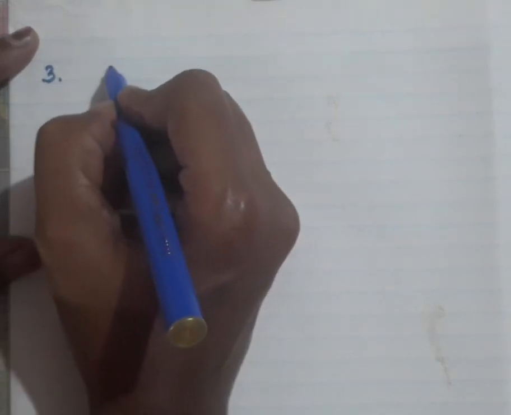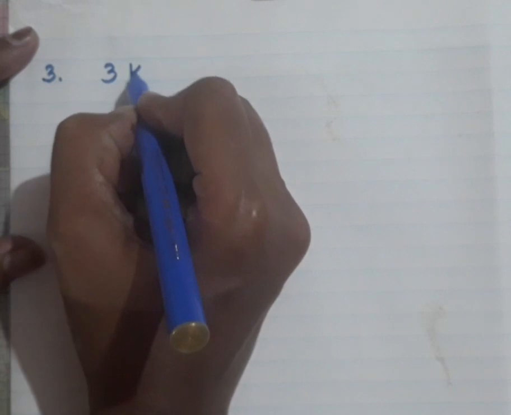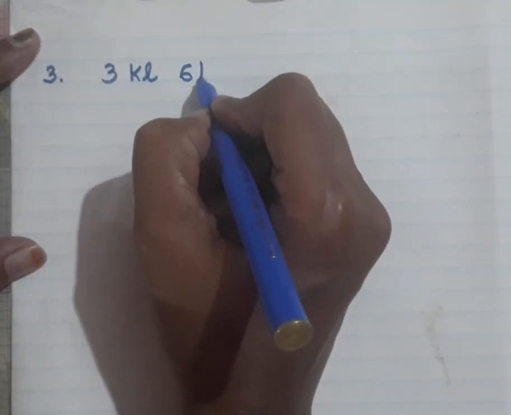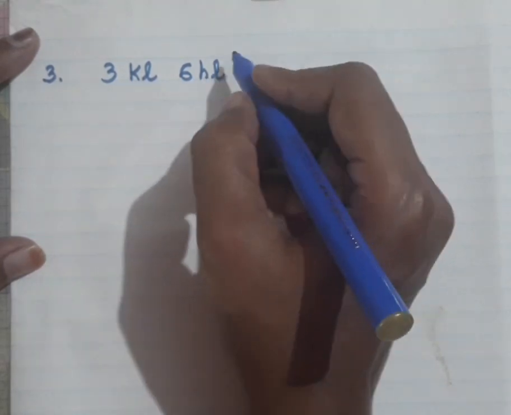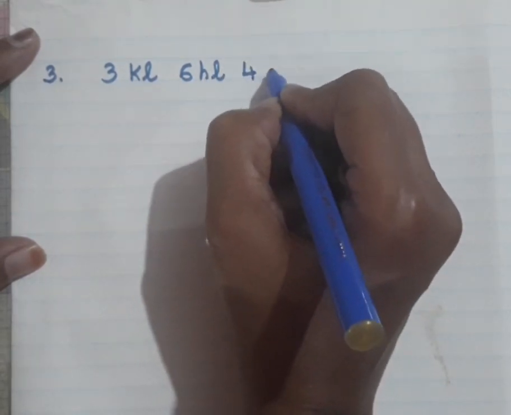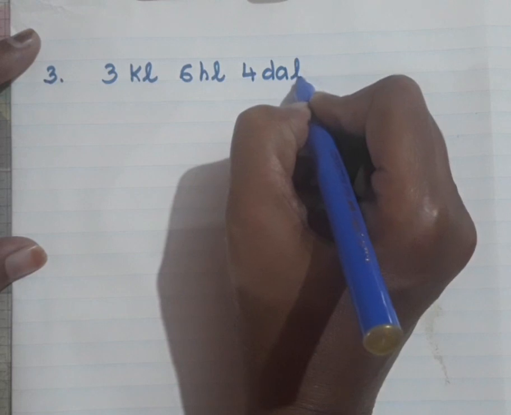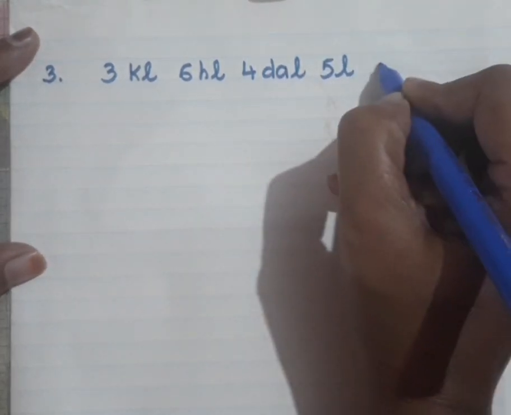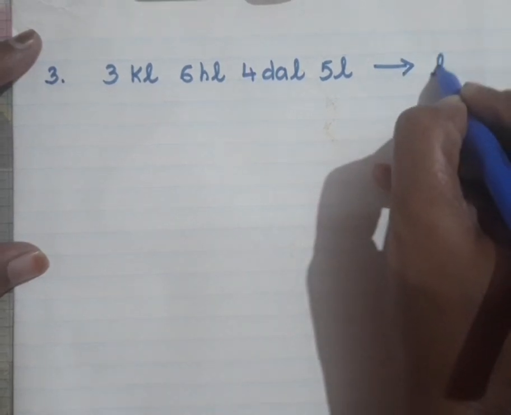Now let's take the 3rd example. And what is the example? Let's write down here. We have 3 kiloliter, then we have 6 hectoliter, 4 decaliter, 5 liter. This has to be converted to liter.